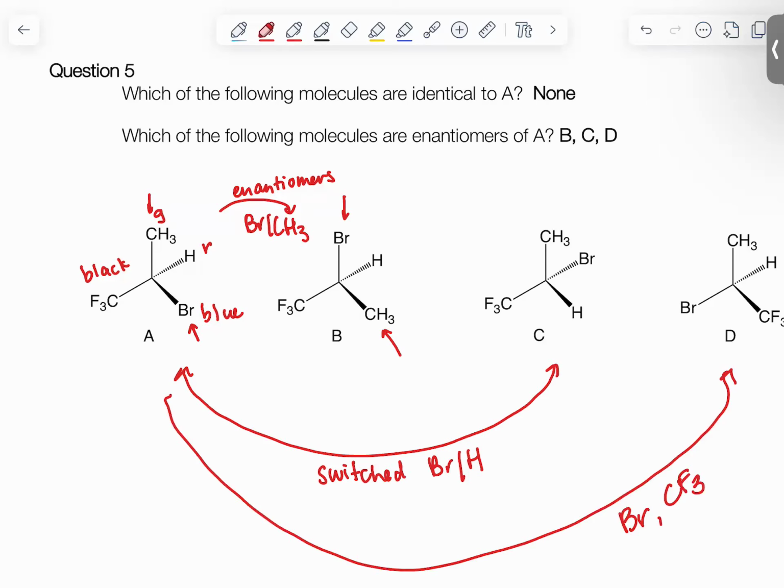So when you have something that's identical, this is identical to A. And that's because there's not two that we can switch.